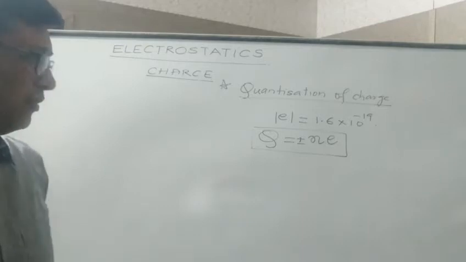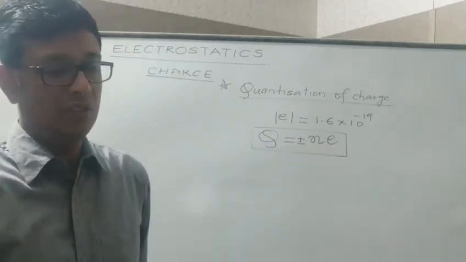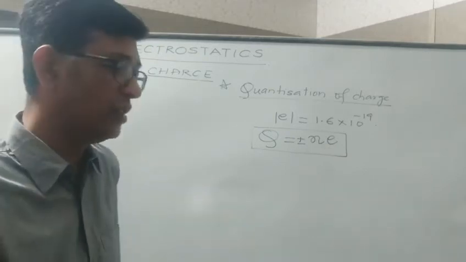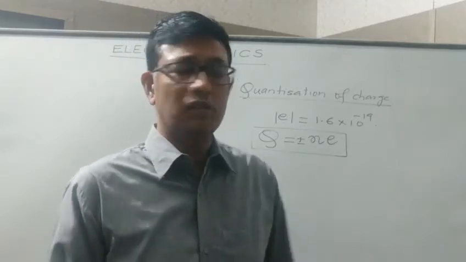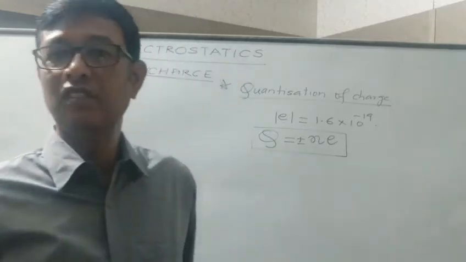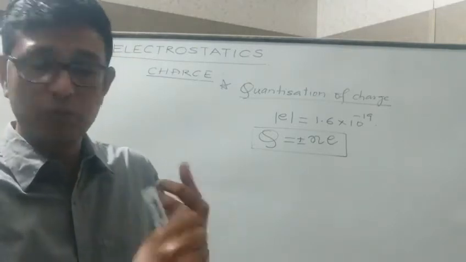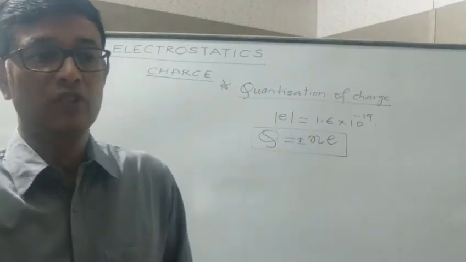There are various short type questions based on this particular formula. Let's take a simple example, the glass rod and silk. Just now I stated, when a glass rod is rubbed with silk, the glass rod tends to lose electrons and silk tends to gain electrons.